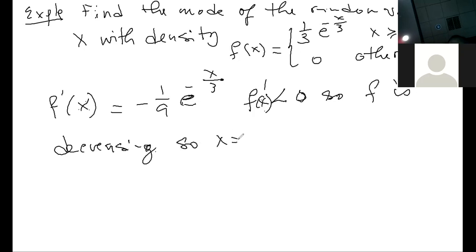So x equal to 0 is the mode. If you have a decreasing function, then the maximum value of the function is at the beginning because it is decreasing.